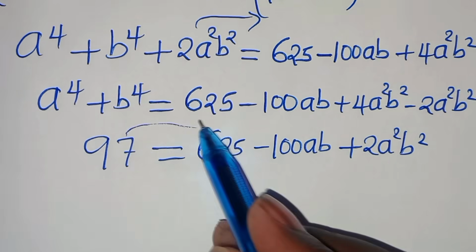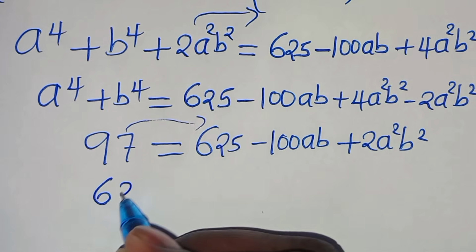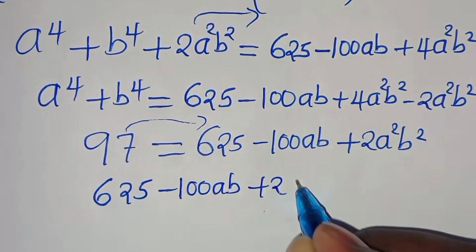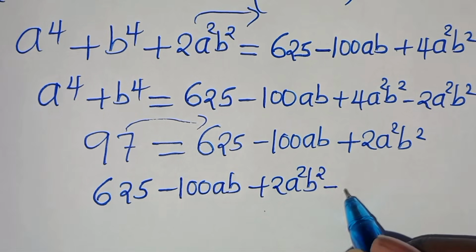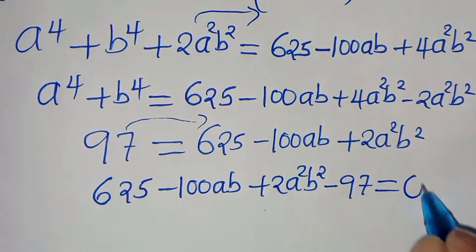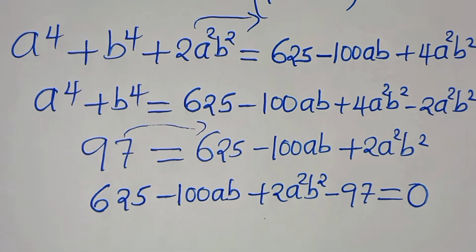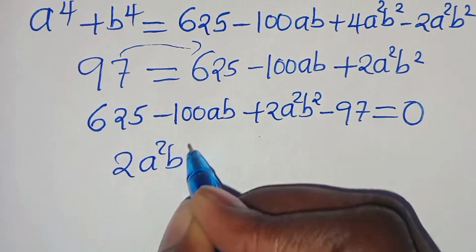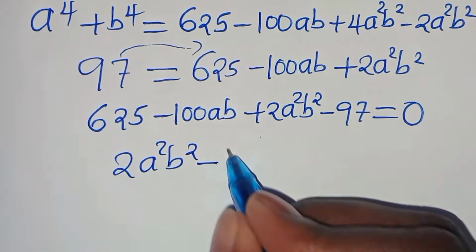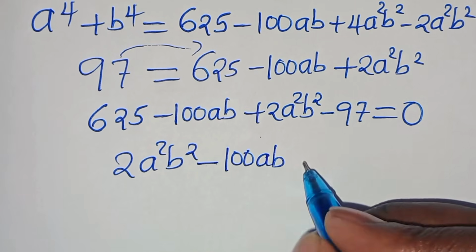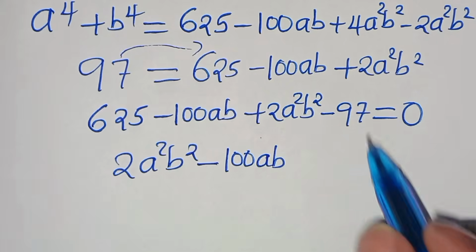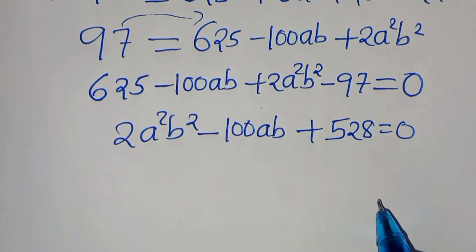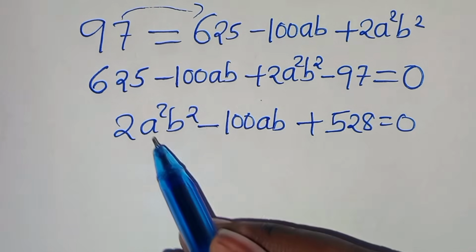Now, let's take 97 to the right hand side. We have 625 minus 100ab plus 2a squared b squared minus 97 equal to 0. Let's rearrange this equation: 2a squared b squared minus 100ab plus 528 is equal to 0, since 625 minus 97 is 528.